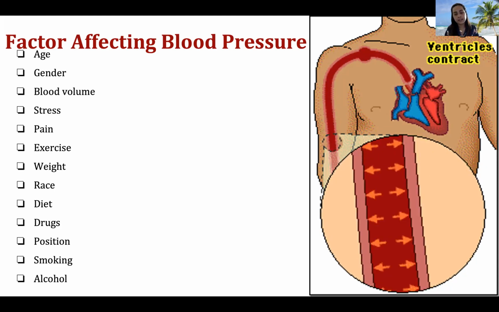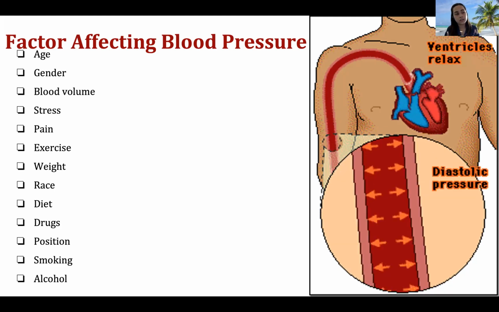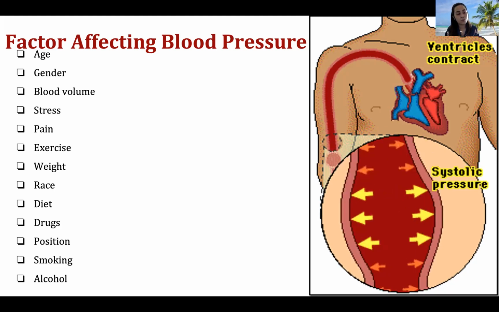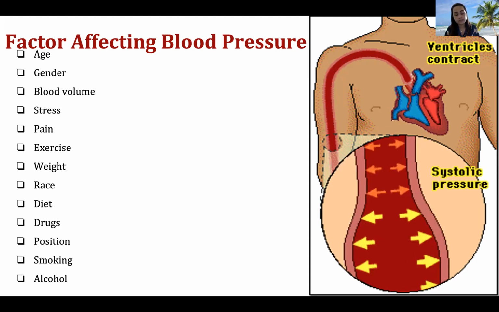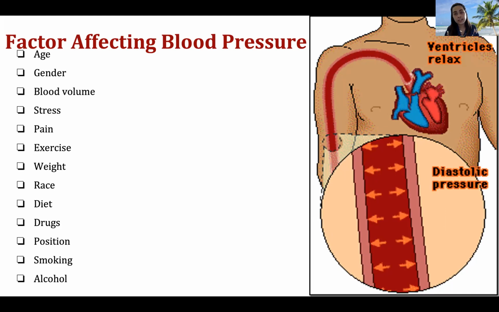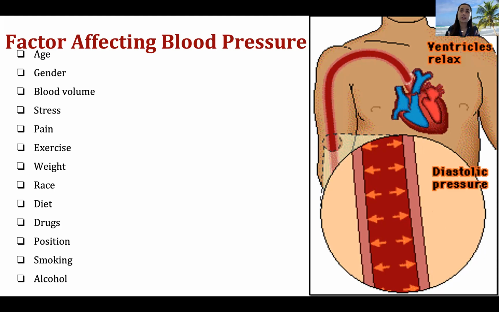Race. African Americans or Caucasians have higher blood pressure compared to other races. Diet. Diet is when you're taking in more salts, salty foods. If you love salty foods, it will increase your blood pressure.